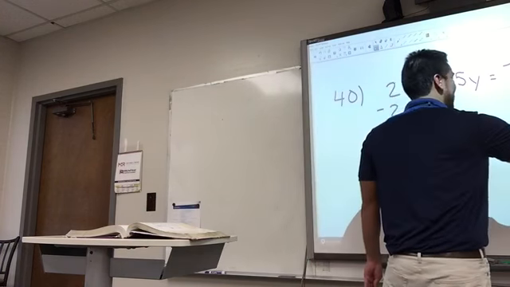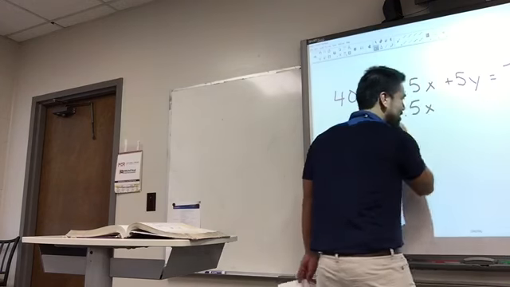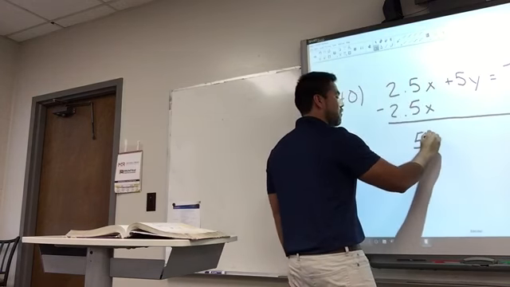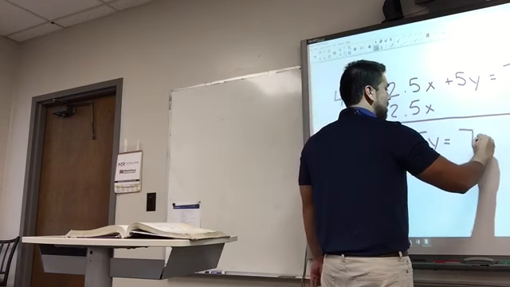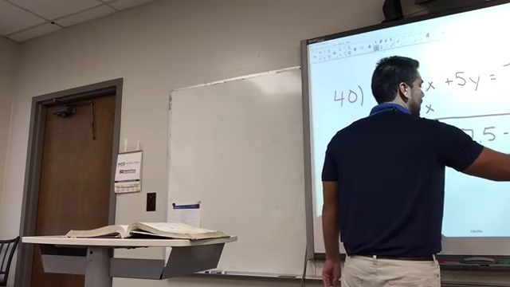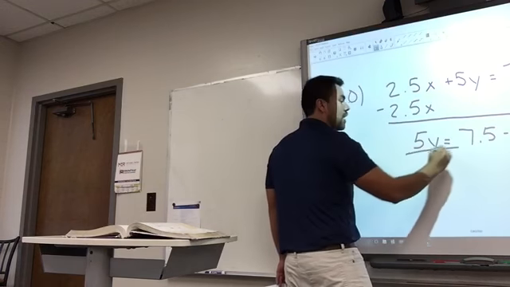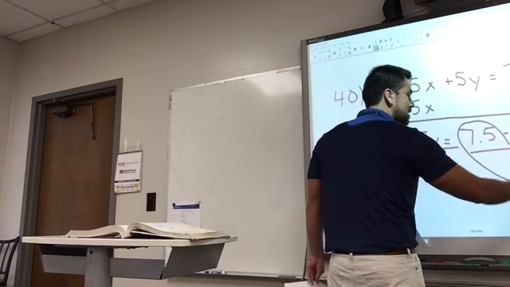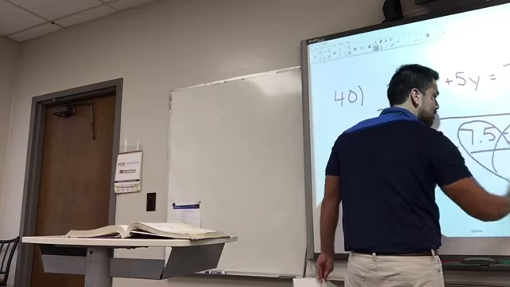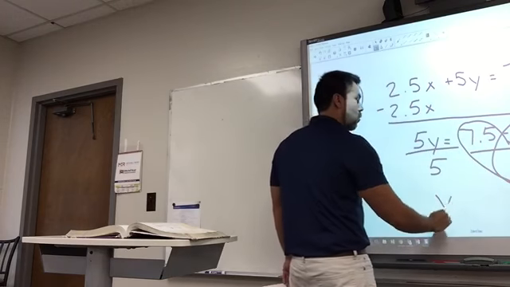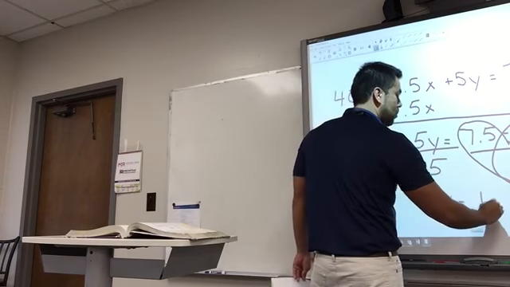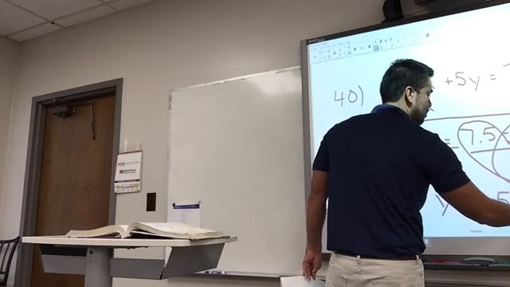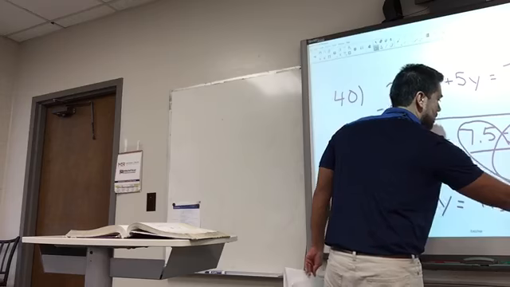So you get your 5y, and you can go 7.5 minus 2.5x. Then you divide both sides by 5, which means, don't forget, you have to divide this part by 5 and this part by 5. And you should get y equals 1.5 minus 0.5x.